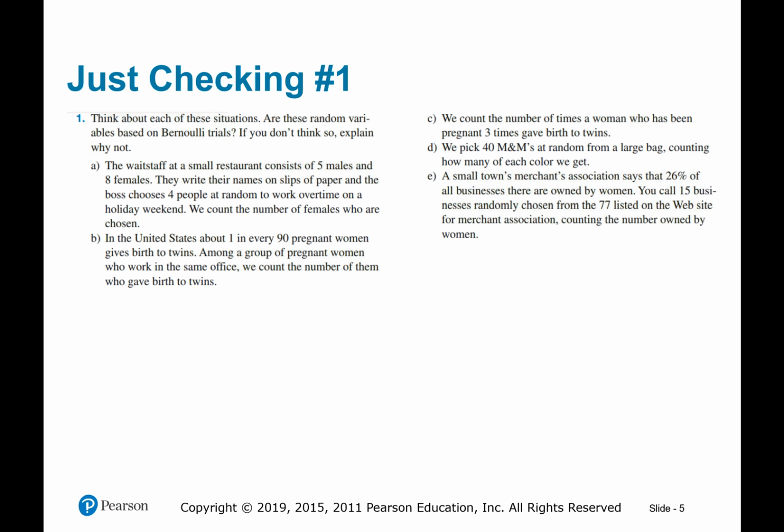All right, so let's look at a few examples here. Are these random variables based on Bernoulli trials? If so, why? If not, why not? The wait staff at a small restaurant consists of 5 men, 8 women. They write their names on a slip of paper. The boss chooses 4 people at random to work overtime on a holiday weekend. See, now this was back when restaurants were still open. We count the number of females who were chosen.